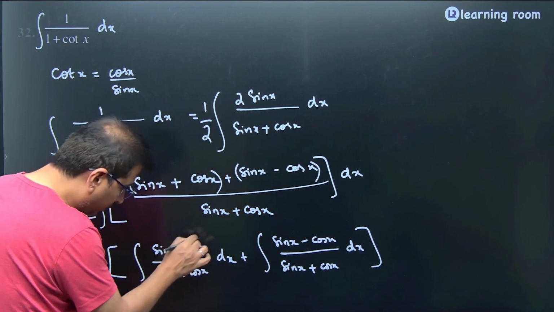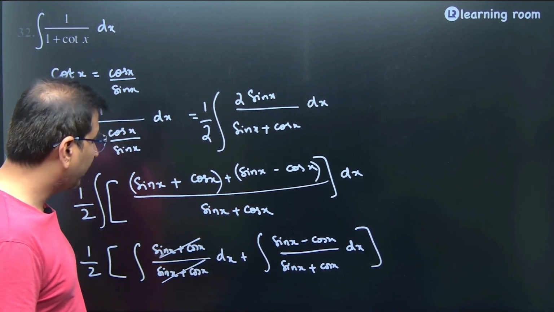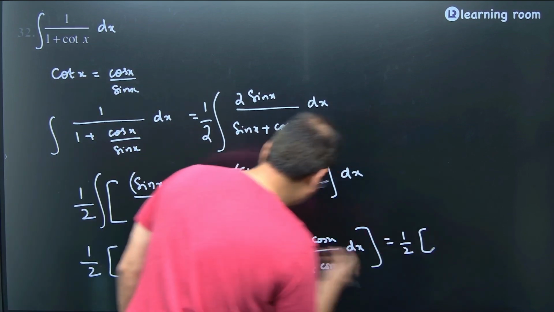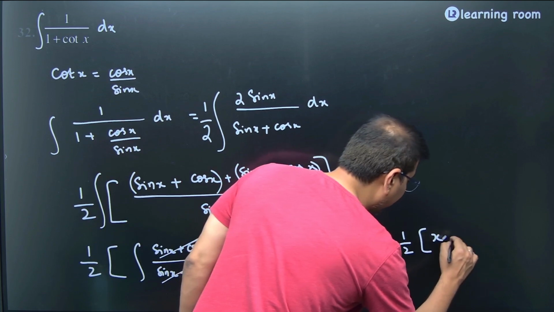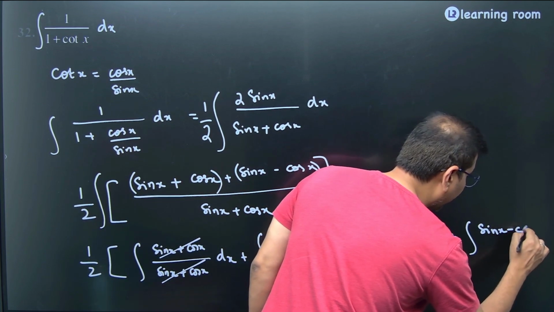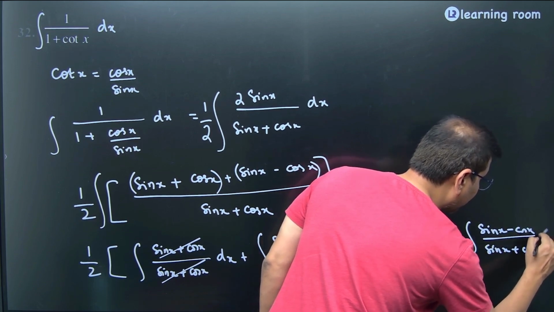So sin x plus cos x and sin x plus cos x will get cancelled, and you are left with 1 times dx. So the answer will be half of x, since the integral of 1 times dx is x, plus the integral of sin x minus cos x, the whole divided by sin x plus cos x dx.